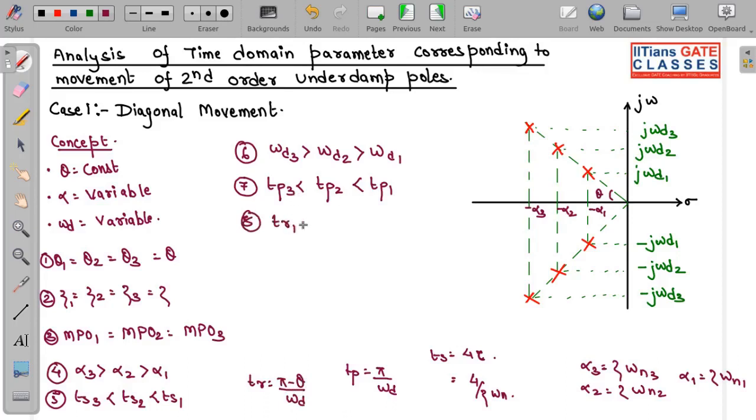So same like this, rise time 3 less than rise time 2 less than rise time 1. So we will have this also. This is your rise time. So all these things might be asked, giving this diagram, they might ask you what is the order of rise time or order of peak time? So like this, they might ask you in the examination.